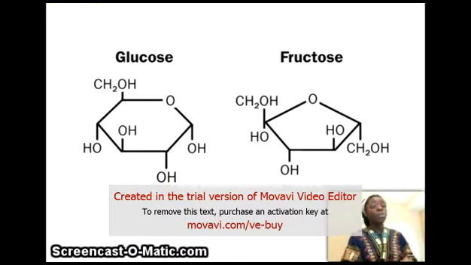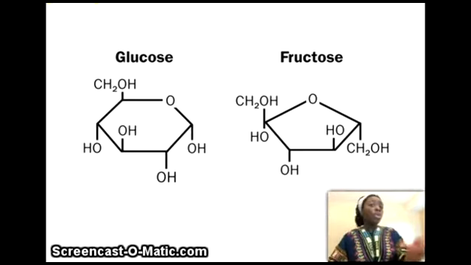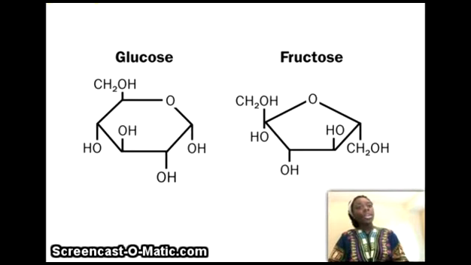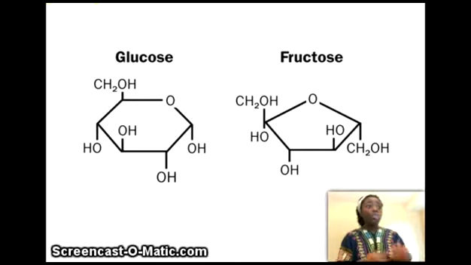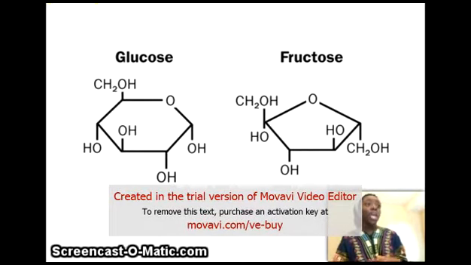So now we're going to talk about the structures of different things. Glucose and fructose. We know that they are both sugars. But they're not the same structurally. While their chemical formula is the same, the molecules of glucose and fructose are laid out in different formations, not formulations.